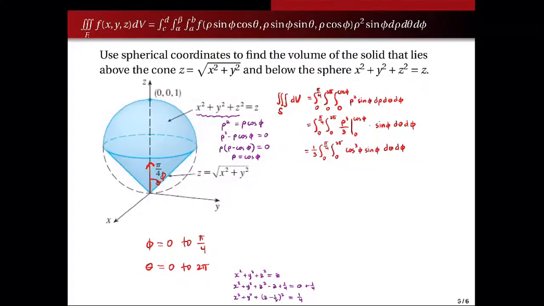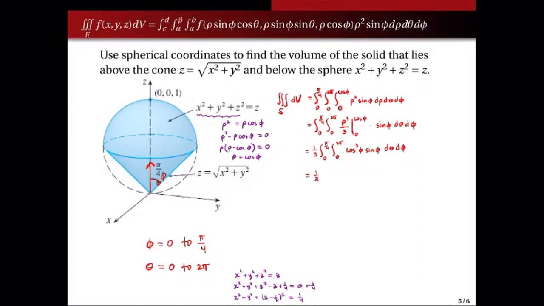At this point, you can separate the two variables here because the limits of integration are just constants. So let's separate them.